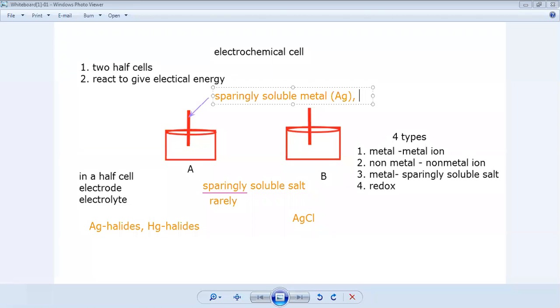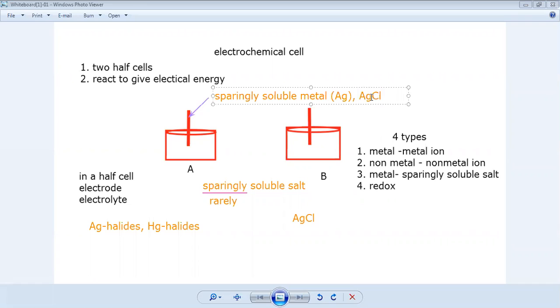On this silver, there will be a coating of the sparingly soluble salt. Are you getting what I'm saying? We are going to use the same metal which is in the sparingly soluble salt.